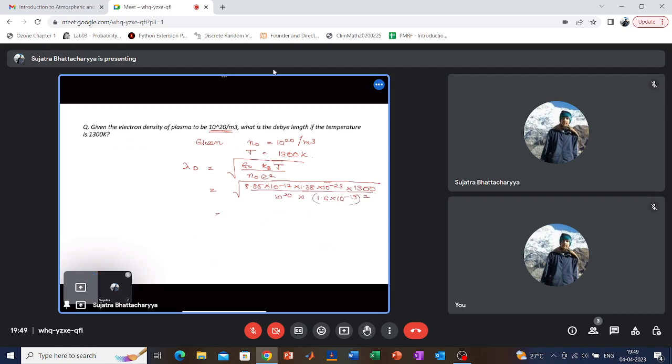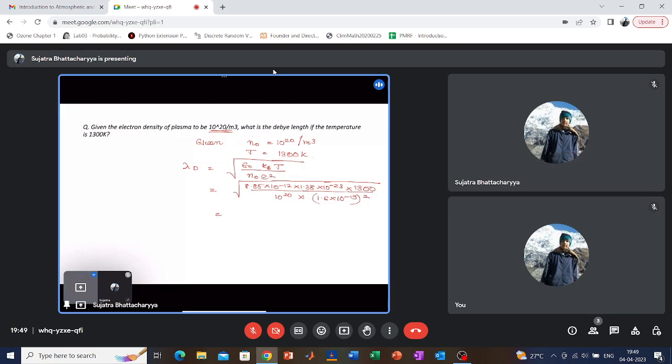Now if we calculate it, let's see, 8.85 into 10 to the power minus 12 into 1.38 into 10 to the power minus 23 into 1300 divided by 10 to the power 20 divided by 1.6 into 10 to the power minus 19 whole square.